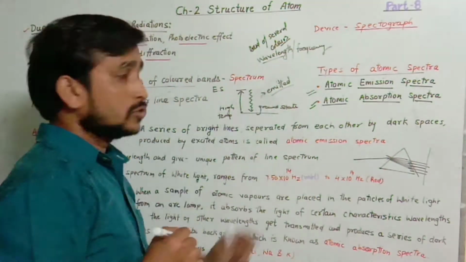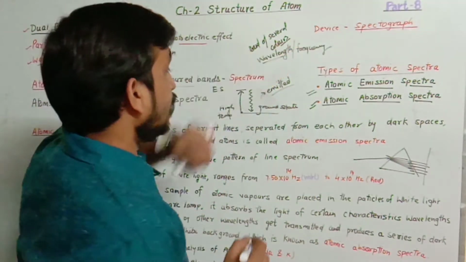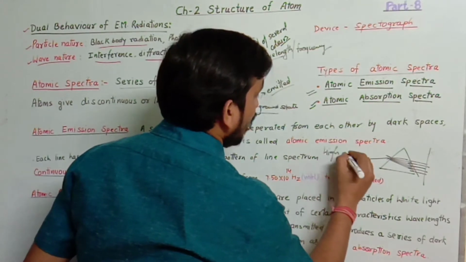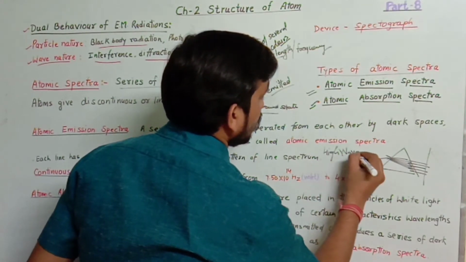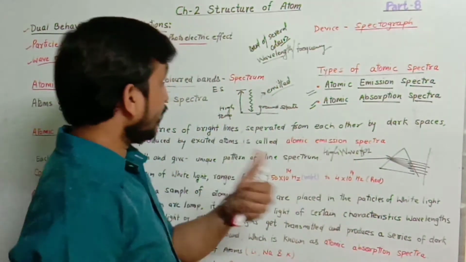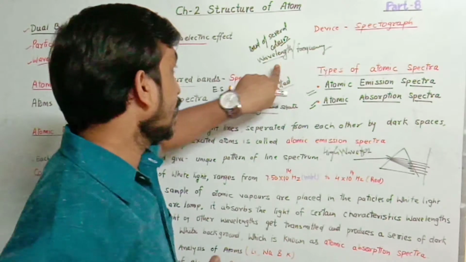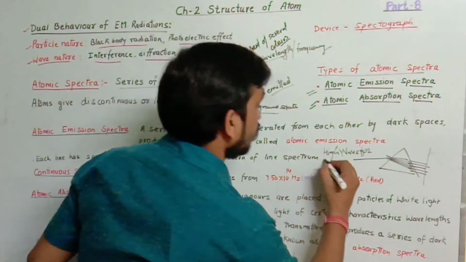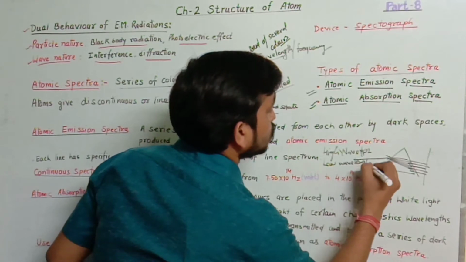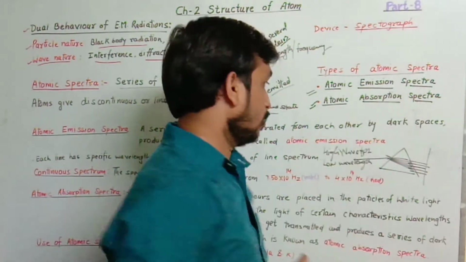Suppose we are taking the wavelength, so if a color has a high wavelength, it will deviate less. Or if any wave has a low wavelength, it will deviate more.